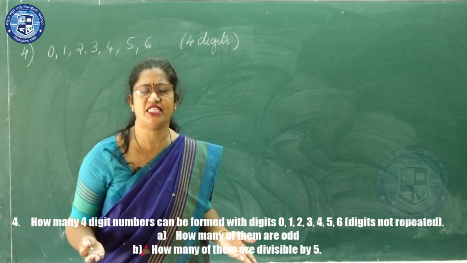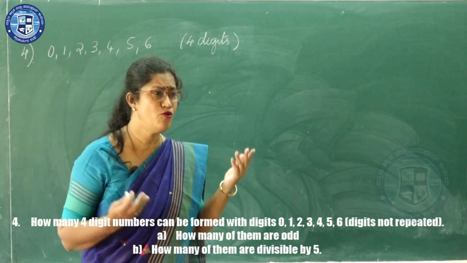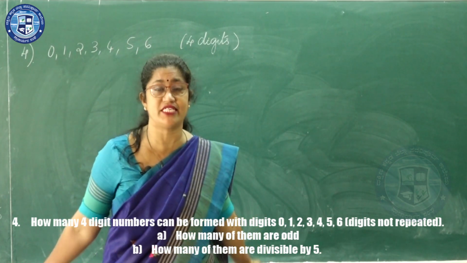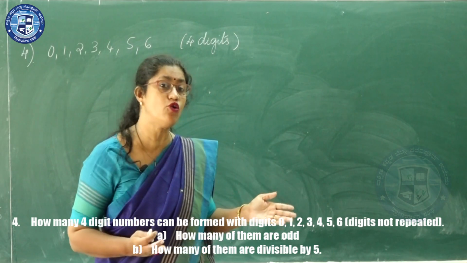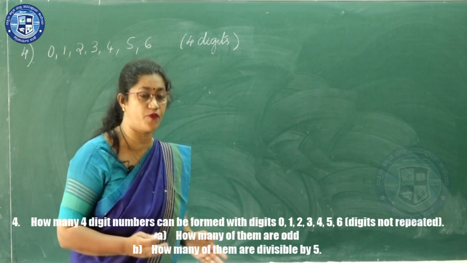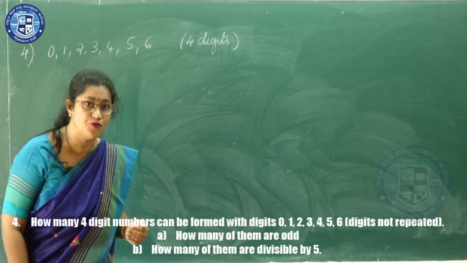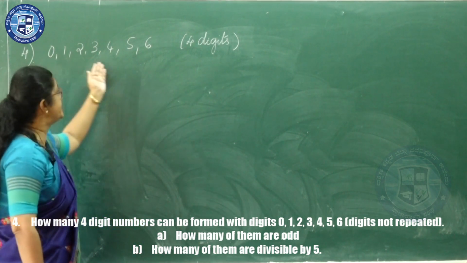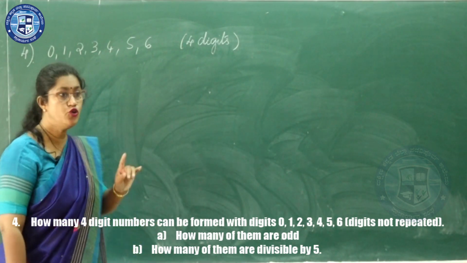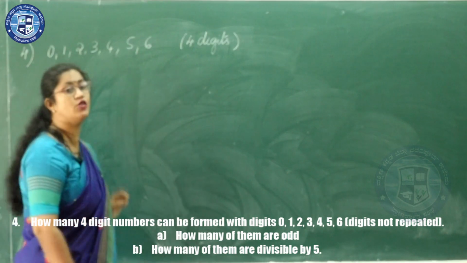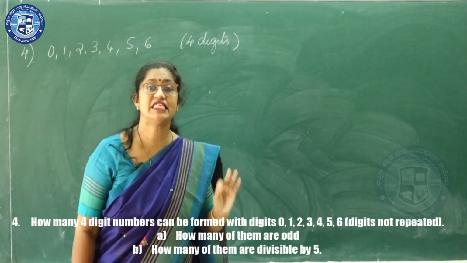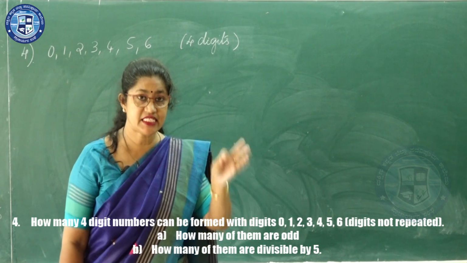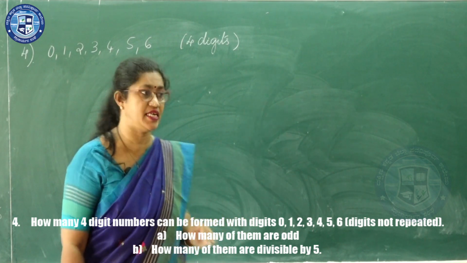Is there any restriction given? So when you look at it, it looks like there is no restriction given, so we can directly go for the logic that we have done before. But before you assume that, look at the digits given. You notice that there is a 0. When 0 is there, restriction is always there.